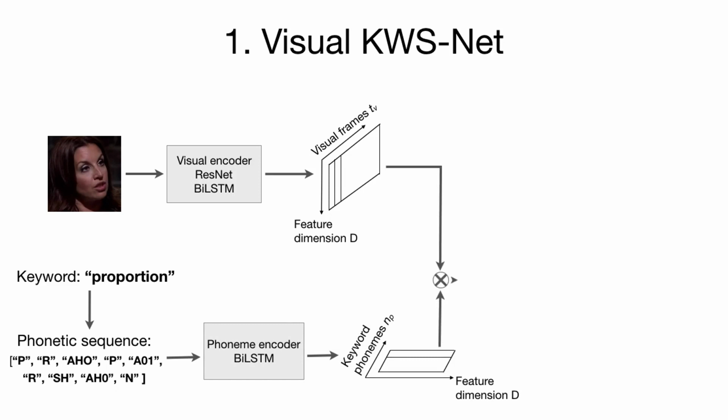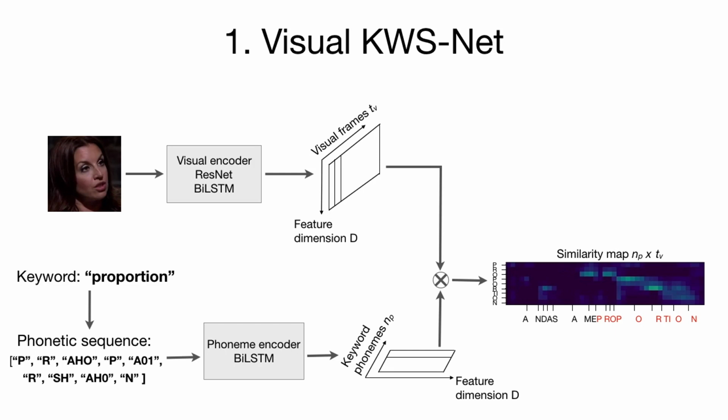The similarity map is then produced by computing the dot product between the visual and phonetic features. We then concatenate the phonetic sequence embedding to the similarity map for two reasons. Firstly, to encode the length of the keyword, and secondly, to encode whether there are repeated phonemes in the keyword, which may lead to off-diagonal components.